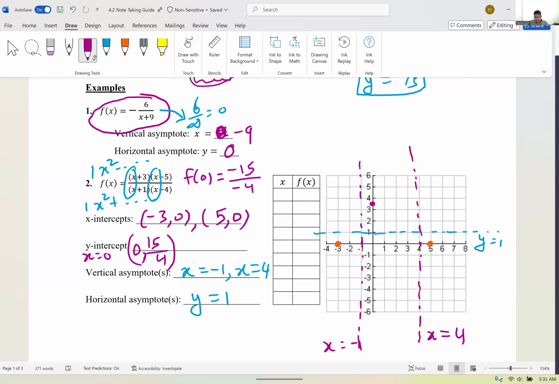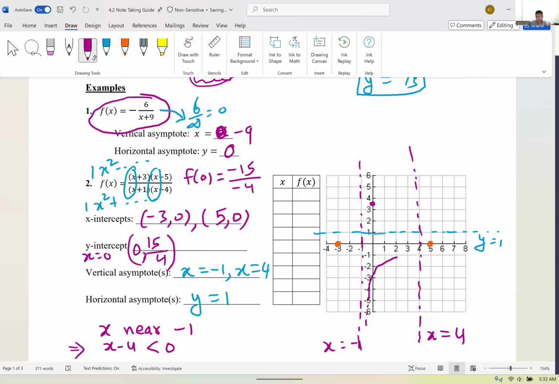Now, when x is near -1, this implies the other factor, x minus 4, is less than 0, right? So if you are approaching from the right, it will be positive times negative, which will be negative. So it will go towards negative infinity.